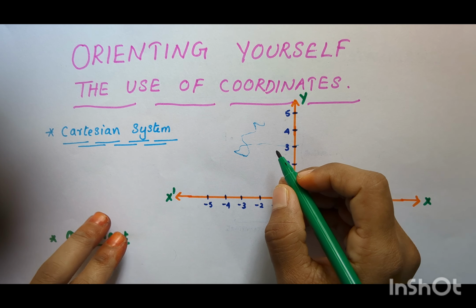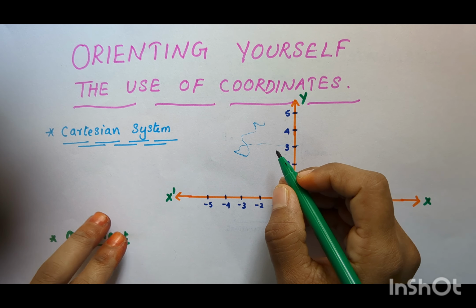Now you see, the coordinates of every point on the x-axis, whether it is on the positive x-axis or negative x-axis, are of the form x, 0. That is, if you consider this particular point, its x value is 5.